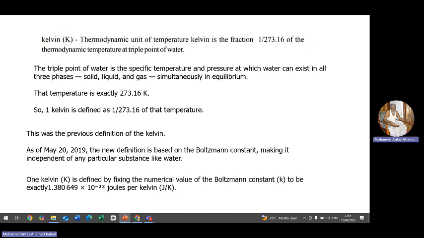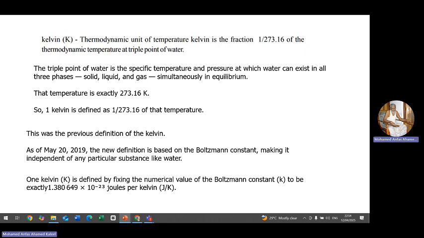You will study this further in heat, but I will briefly say what the triple point of water is: it is the specific temperature and pressure at which water can exist in all three phases, solid, liquid, and gas, simultaneously in equilibrium.